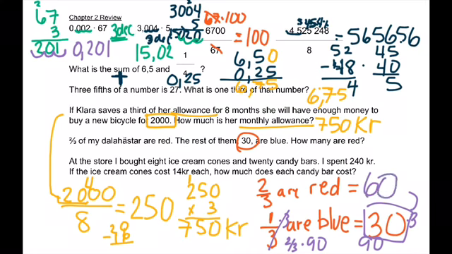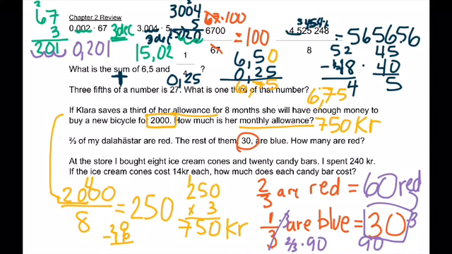That's 60. 60 red. 60 red Dalahester. All right. So this one is almost the same as what we already did from the last one. So if you have problems like this on your test, nudge, nudge, wink, wink, then you will be so prepared.